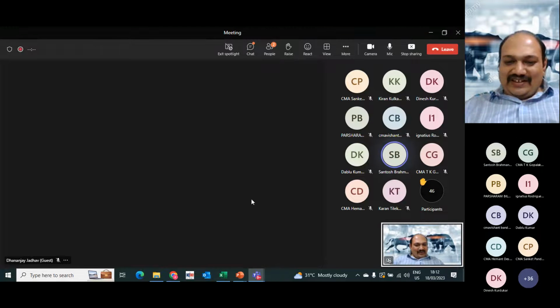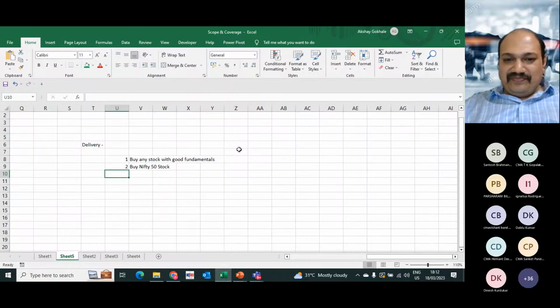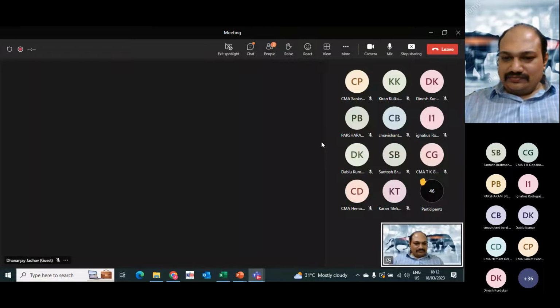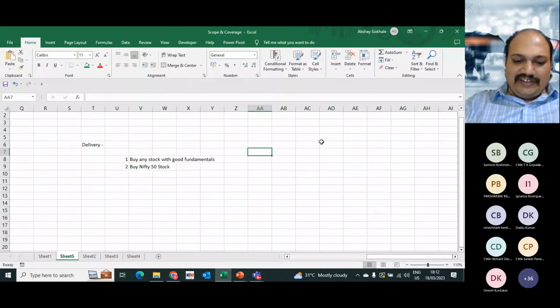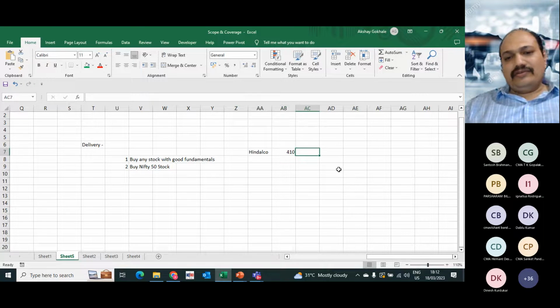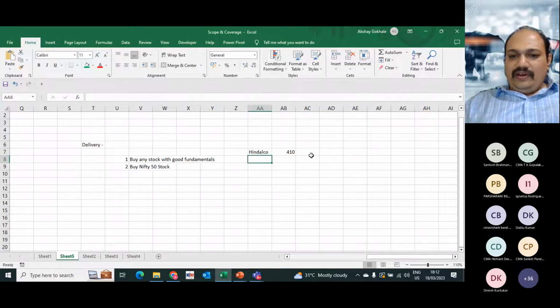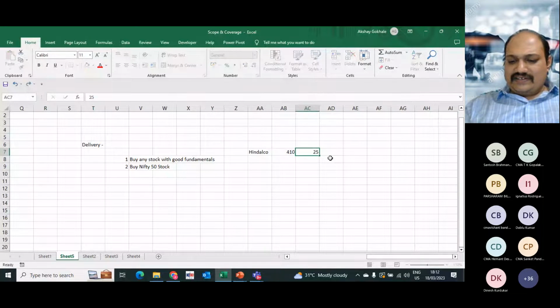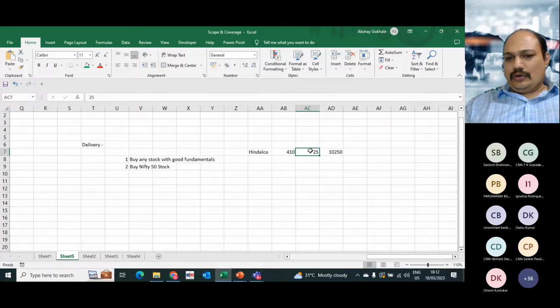Okay, so chalo, take an example. Can you please tell me any stock, your favorite stock? Chalo, take an example of Hindalco. Suppose Hindalco is trading at 410, and you have say 10,000 rupees to invest, so you will purchase 25 Hindalcos.